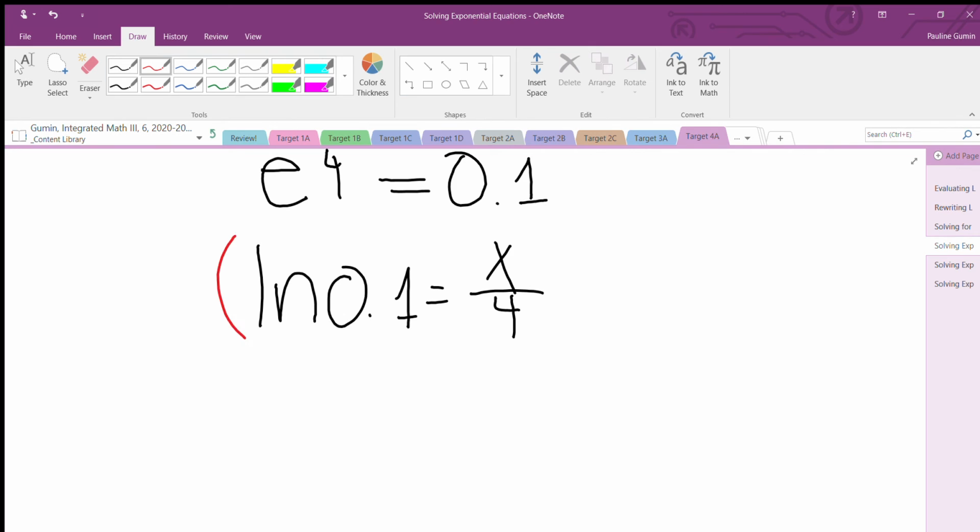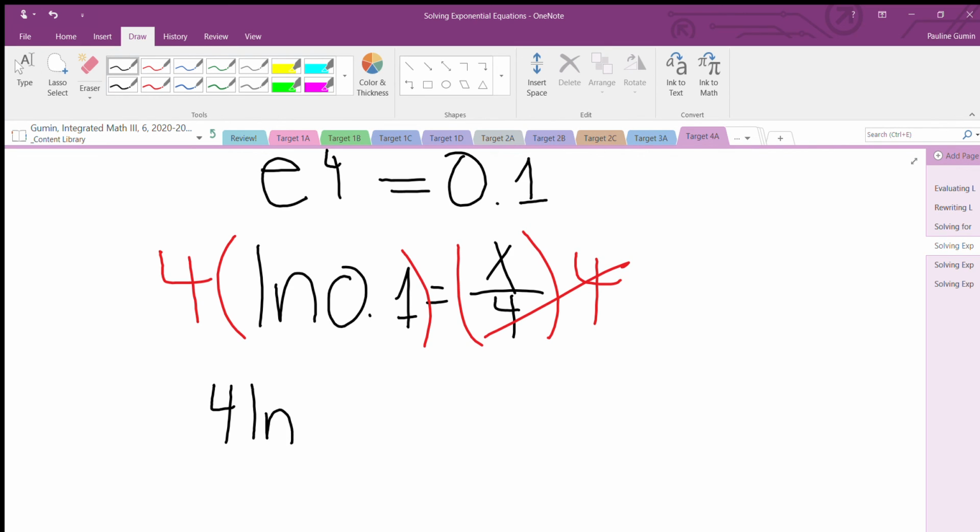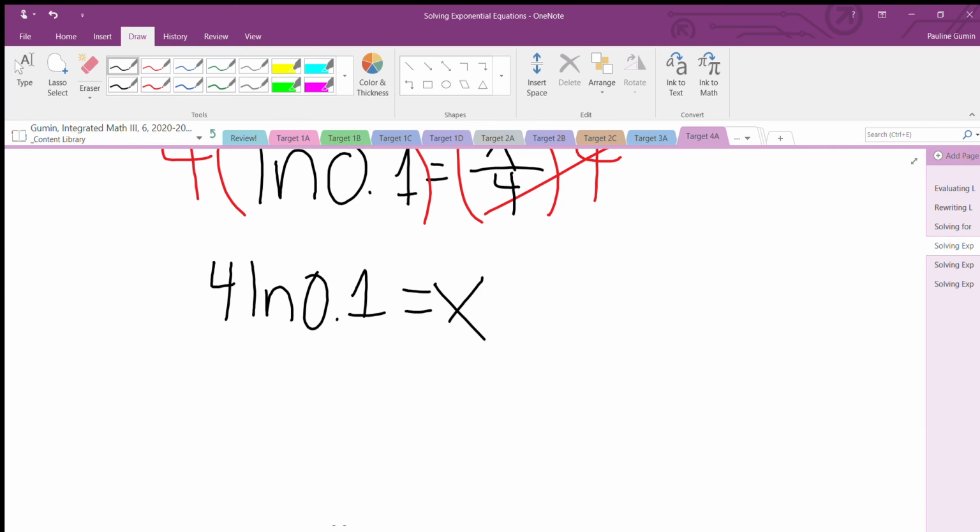What I'm going to do here is multiply both sides by 4. By the way, your phone calculator has an ln button as well. So we have 4 natural log of 0.1 equals x. Plop that all into your calculator. I think I just typed it in all together, and I got negative 9.21.